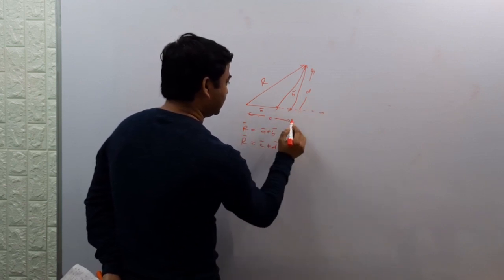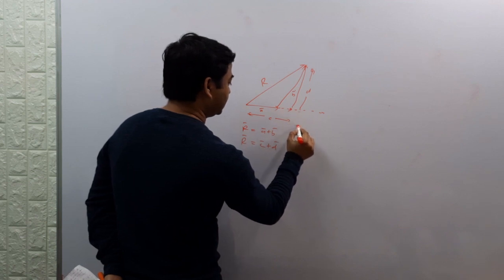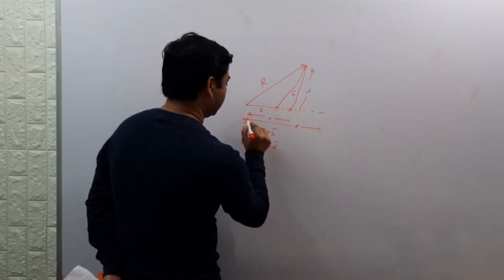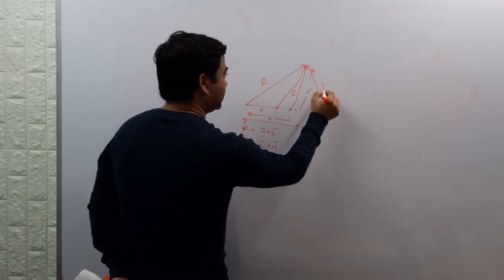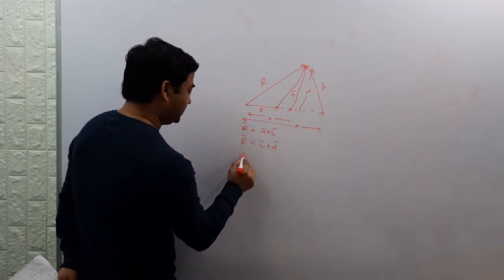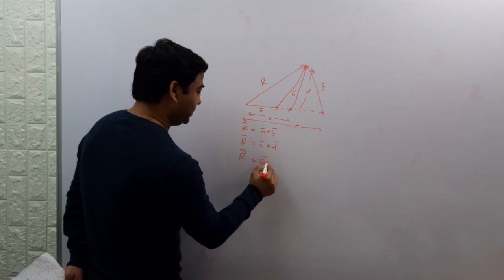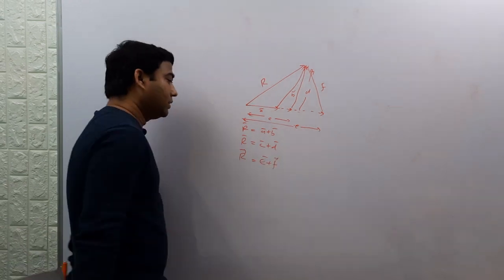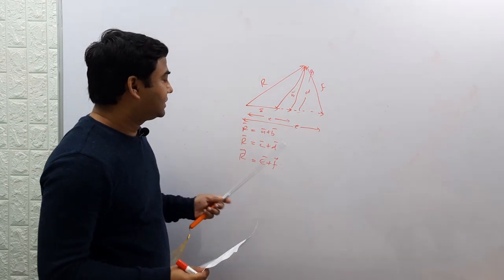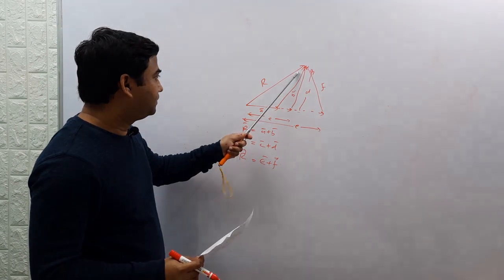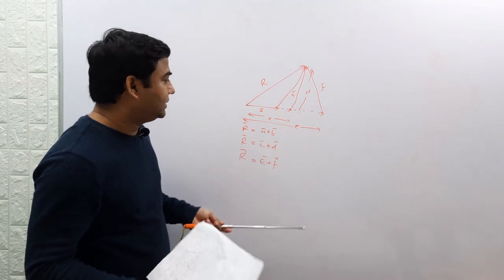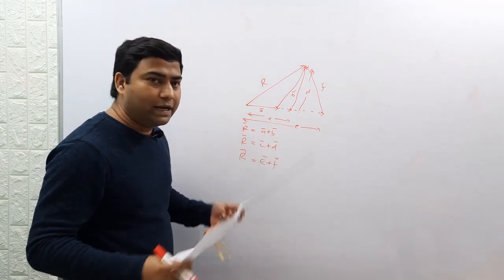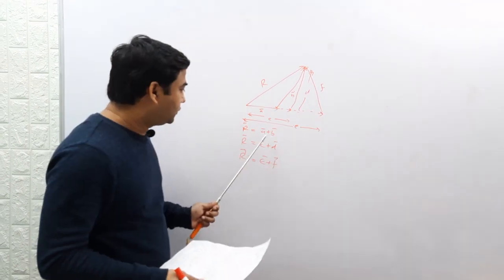This vector is E and this vector is F. So R is equal to E plus F. So from this example you can see a given vector can be divided into an infinite number of combinations of two vectors.